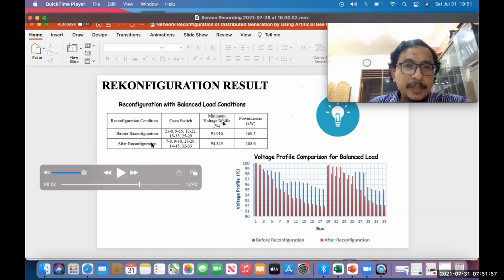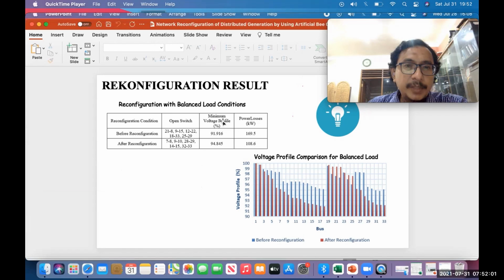Yeah, with this table, after reconfiguration we get the figures, the increased voltage profile. As we know, the minimum voltage profile is plus 5% and minus 10%.